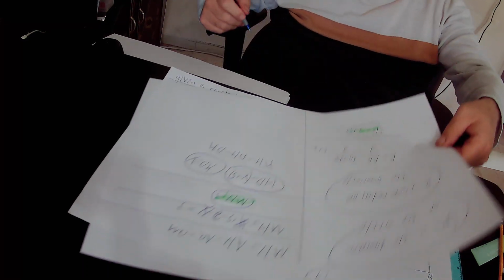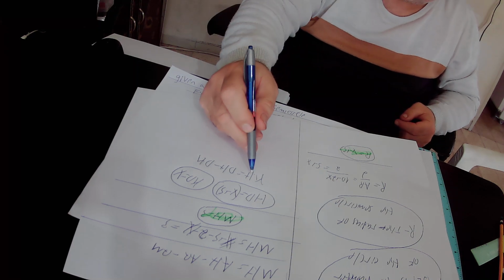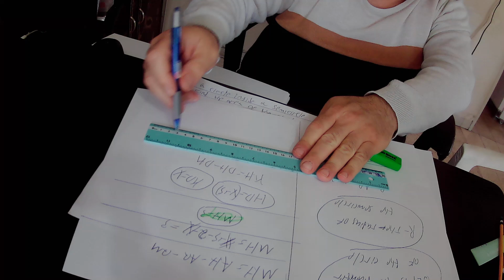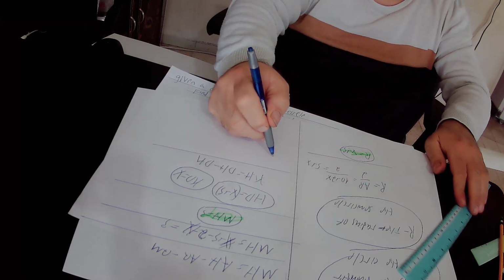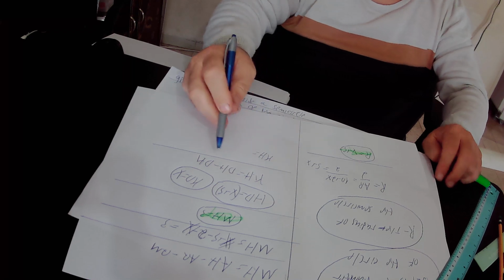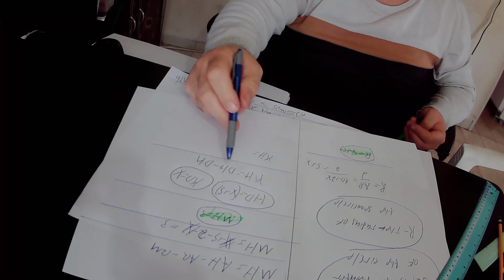Okay, again, we found out that the missing side KH equals DH minus DK. So KH equals DH, or HD, it is the same.